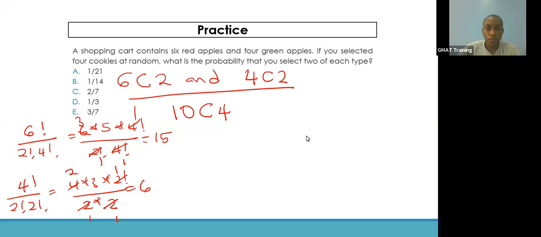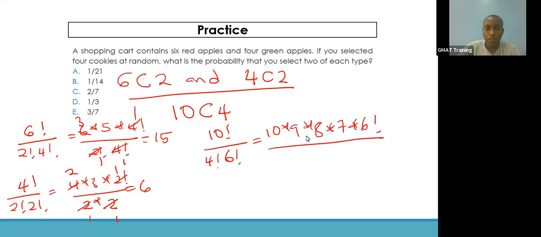And lastly, 10 choose 4, that's the denominator: 10 factorial over 4 factorial times 6 factorial. This gives us 10 times 9 times 8 times 7 times 6 factorial, all over 4 times 3 times 2, we don't need to add the 1, times 6 factorial. The 6 factorial cancels out. We'll have 4 times 3 times 2.